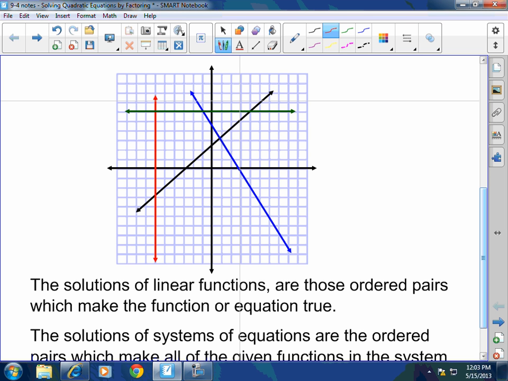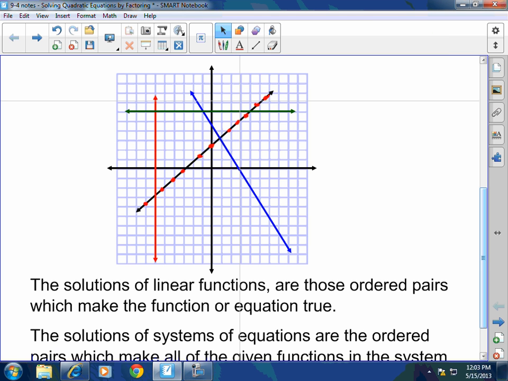So every single point that is on this black line is a solution. Every single point on the green line is a solution. Every single point on the blue line is a solution. So points, ordered pairs, that make the equation true are solutions.